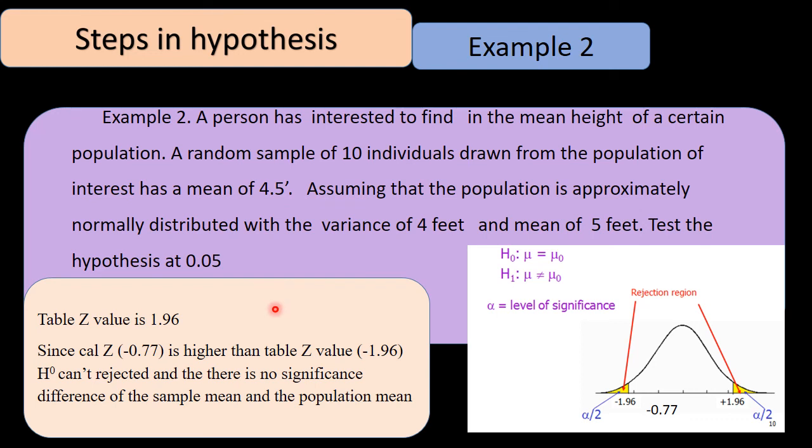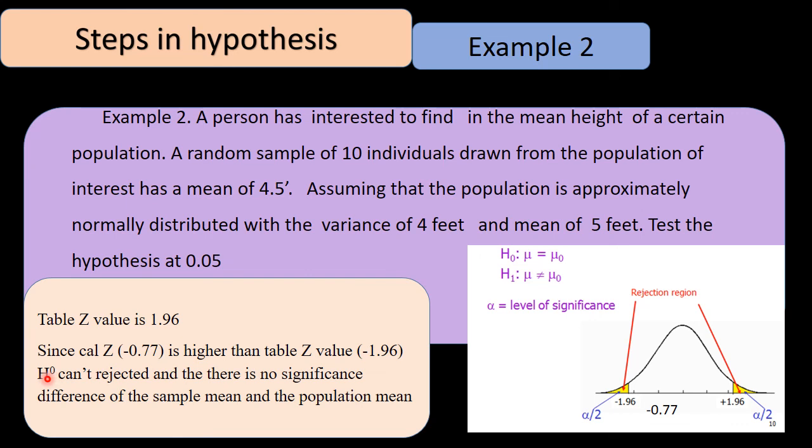Then we will check the results, interpreting the results. The critical Z value is minus 1.96. What we can tell here is that minus 0.77 is higher than the table Z value, the critical value minus 1.96.